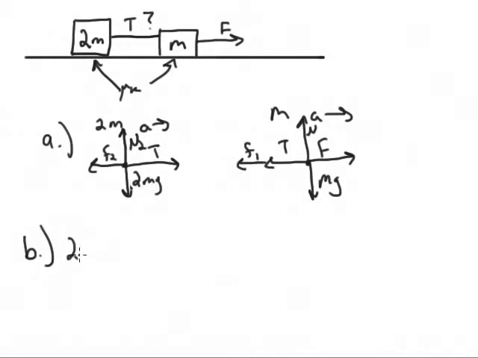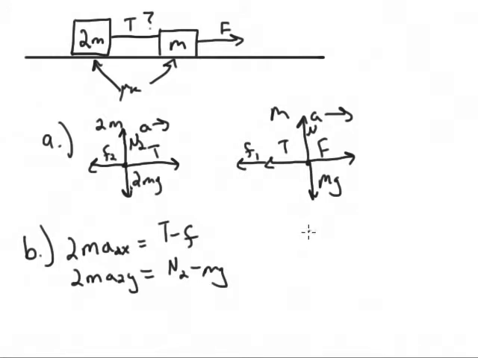We'll have 2m a2x equals T minus F2, and then 2m a2y is equal to n2 minus 2mg.